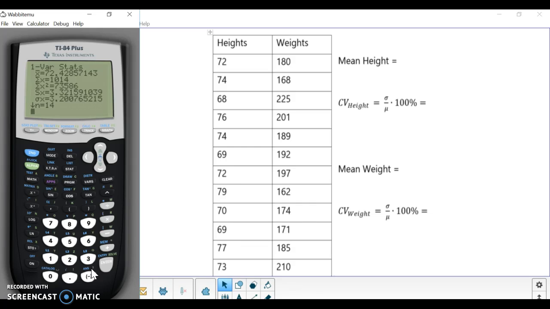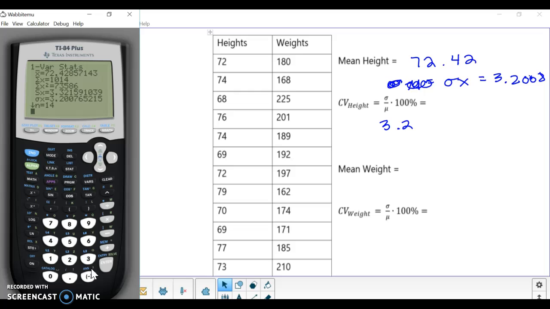X bar, the very top number, is our mean. And our standard deviation, since it is a population, we need that one. We need the sigma x. That's the 3.200, and let's round it to 8.